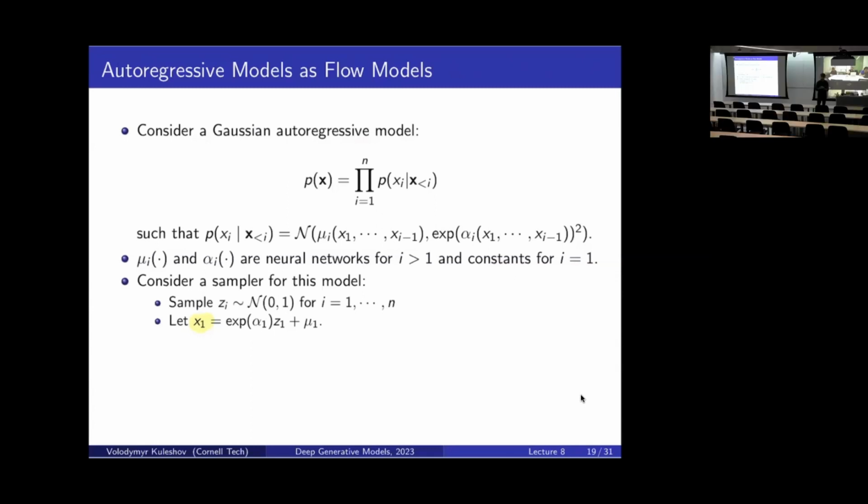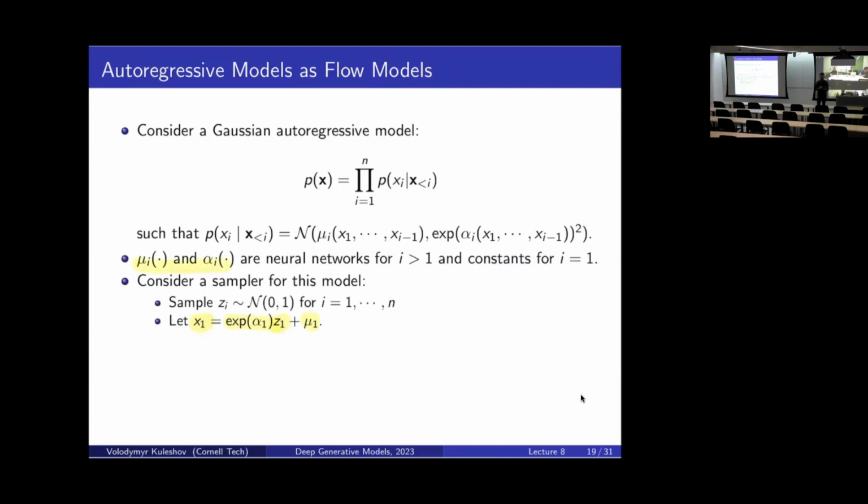Therefore, I can form x1 by taking my unit Gaussian variable z1, adding mu1 to it, and then rescaling by alpha. And now this gives me a variable x1 that's sampled from this distribution.